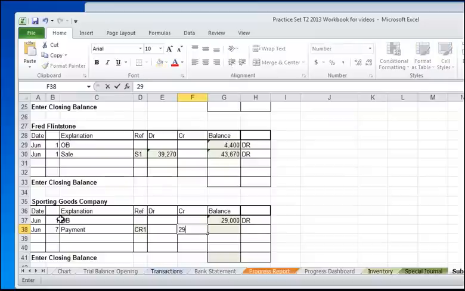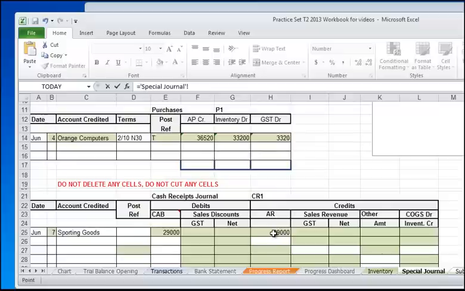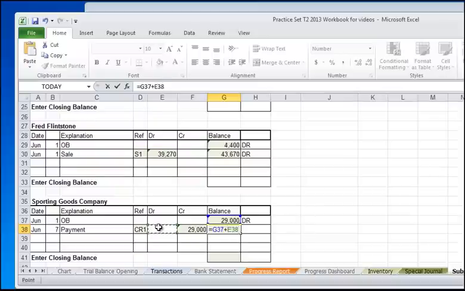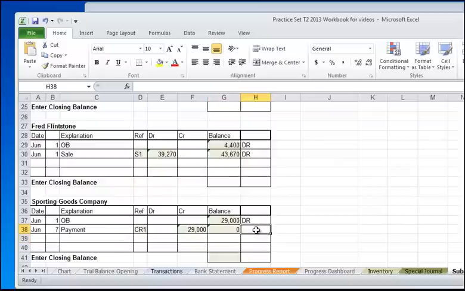It's a credit. Well, let me go back and emphasise that it's a credit. Credit, accounts receivable, $29,000. We take the opening balance, we add any items that people have purchased from us, and we deduct any payments they've made. Gives us a closing balance of 0. All right, doesn't matter whether it's a debit or a credit. So that's the third transaction done.